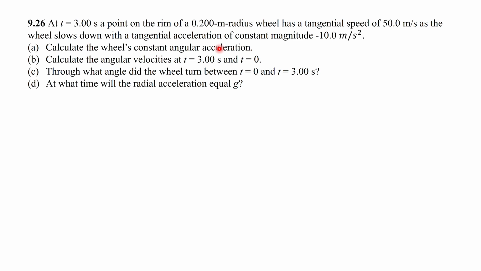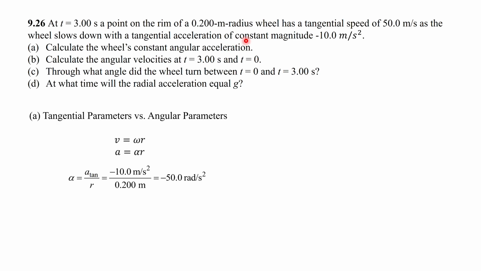So let's review the relation between the angular acceleration and the linear acceleration. We have this formula. There is a factor of r between the linear parameter and the angular parameter. If we have the tangential speed and the angular speed, then the ratio is equal to the radius.